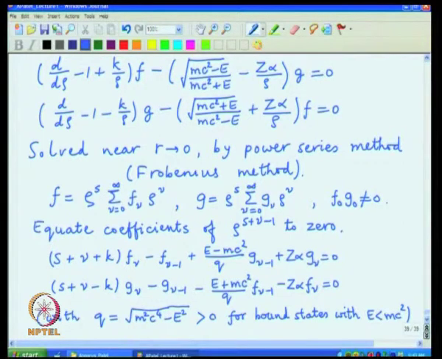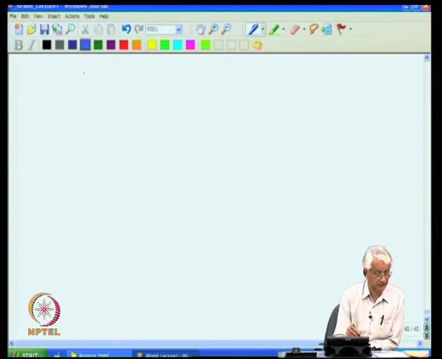Certain terms do not contribute to it. For example, the coefficients of 1 over rho do contribute, but the coefficient of constant terms do not contribute to that particular order, and that equation is a little bit simpler than these coupled equations, and which can be solved easily, and the result is a determination of the power s.